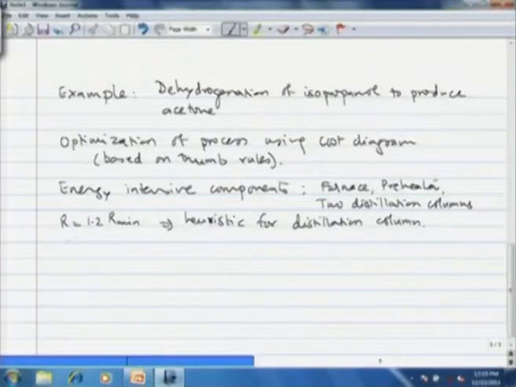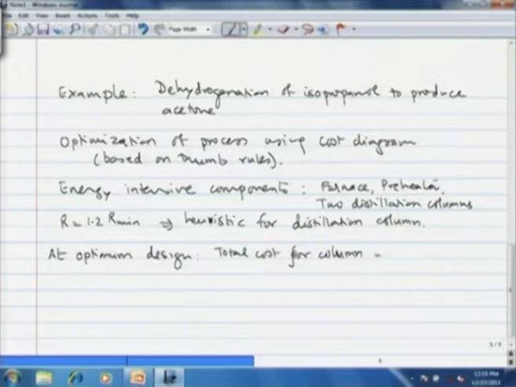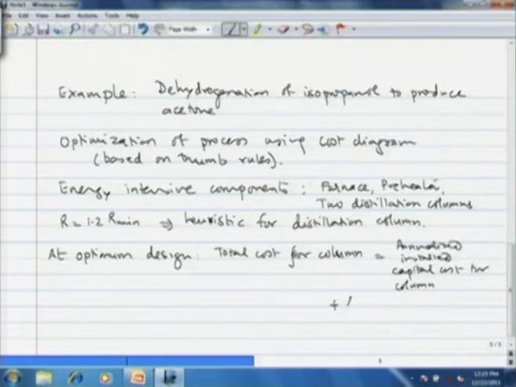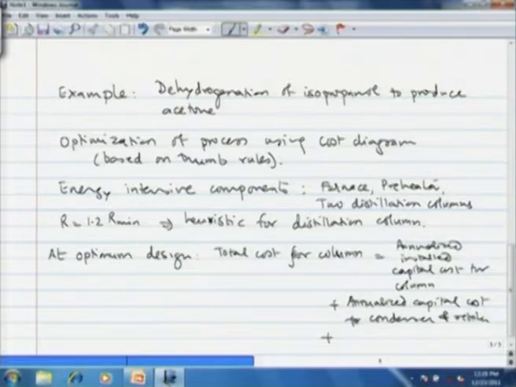For example, at optimum design condition, the total cost for the column, which includes the annualized installed capital cost for the column, that is shell plus plates, plus the annualized capital cost for the condenser and reboiler, and the operating cost for the utilities at the condenser and reboiler.